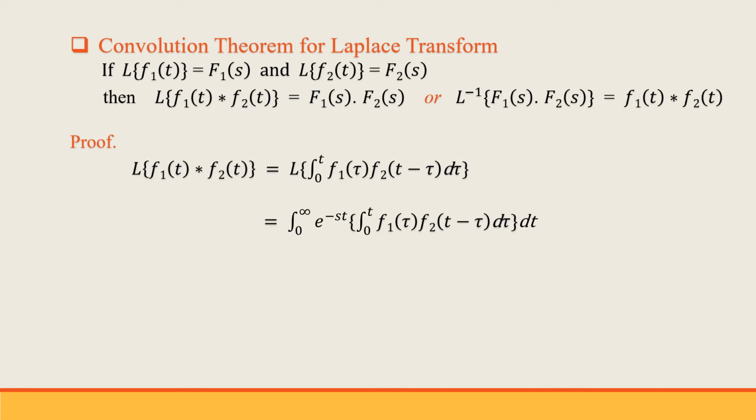Now, by taking e raised to the power minus st inside the integral, it becomes integral 0 to infinity, integral 0 to t, e raised to the power minus st into f1(tau) into f2(t minus tau) d tau into dt.